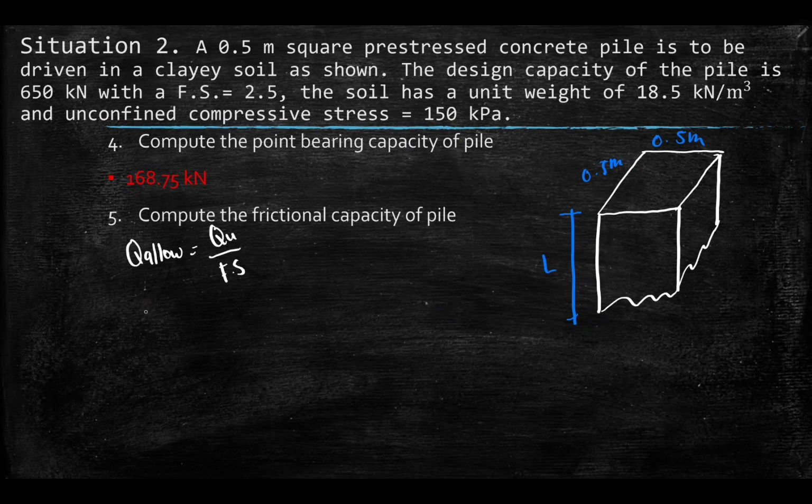So, the allowable or the design capacity of the pile, 650, is equal to QEB, which is 168.75, plus QSF, or the frictional capacity of the pile, over the factor of safety, which is 2.5.